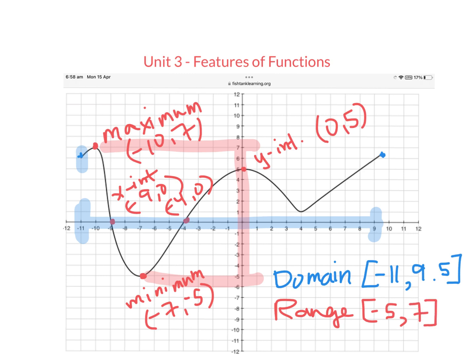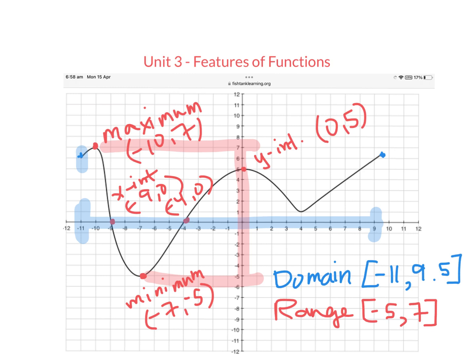Now if one of the sides of the graph has an arrow that indicates it goes up forever, let's say over here on the right this had an arrow, then instead of going from -5 to +7 for a range, it would be -5 to infinity, right?